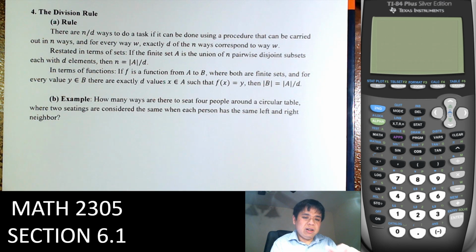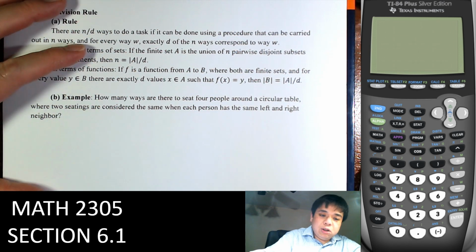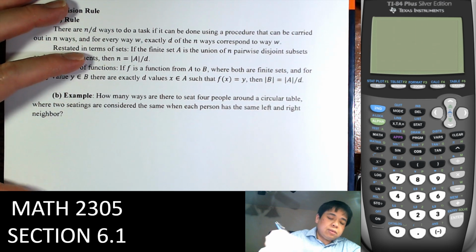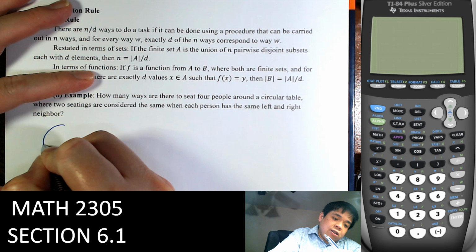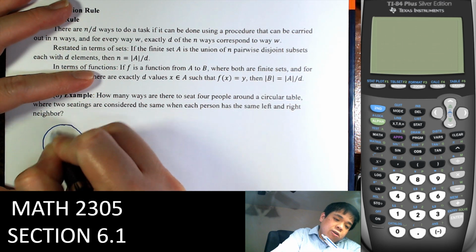Alright, let's look at this example. How many ways are there to sit 4 people around a circular table, where two seatings are considered the same when each person has the same left and right neighbor?